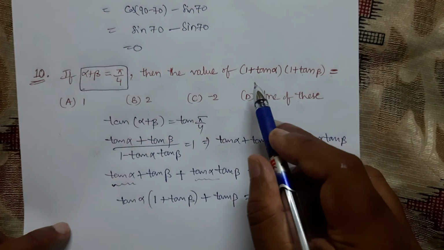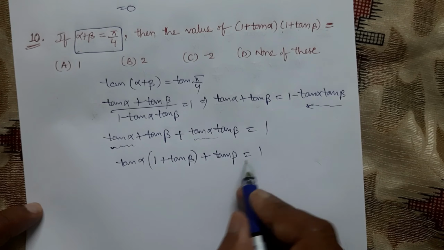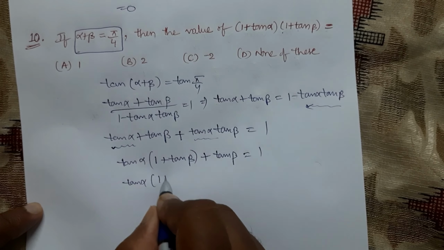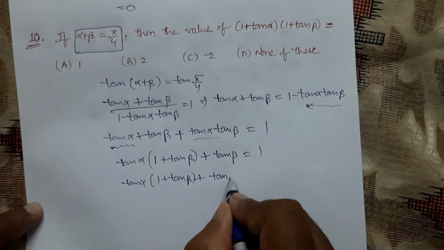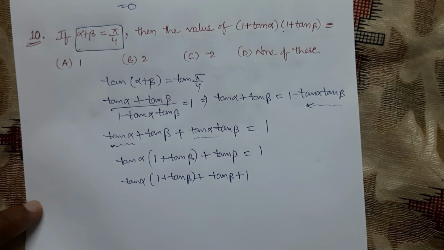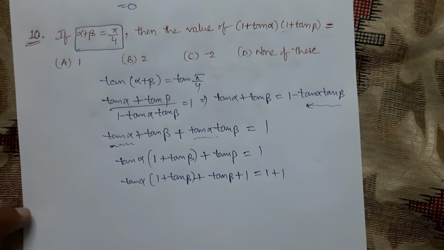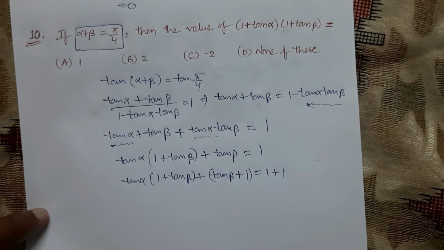Now in order to get 1 plus tan alpha into 1 plus tan beta, I will add 1 on both sides. So tan alpha into 1 plus tan beta, plus tan beta plus 1, which is equal to 1 plus 1, so that becomes 2.